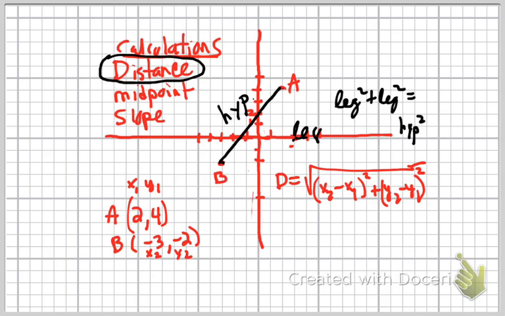As long as you don't make any sign errors, and you go through that systematically, you'll be fine. Okay, so (-3 minus 2) squared, that's my change in x, plus (-2 minus 4) squared, my change in y.